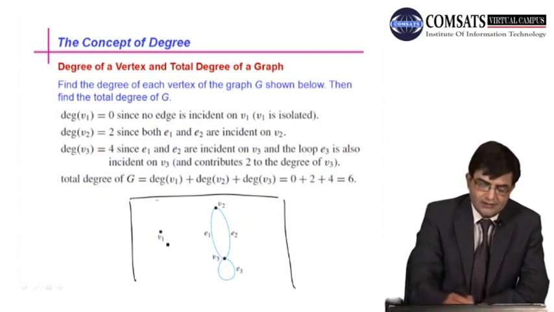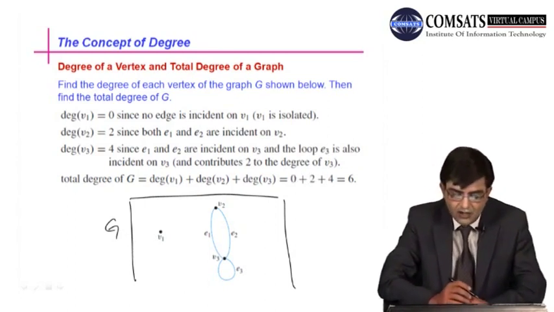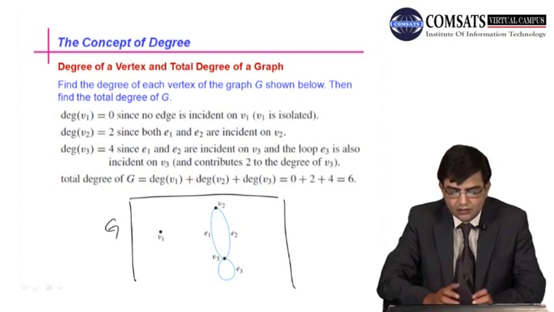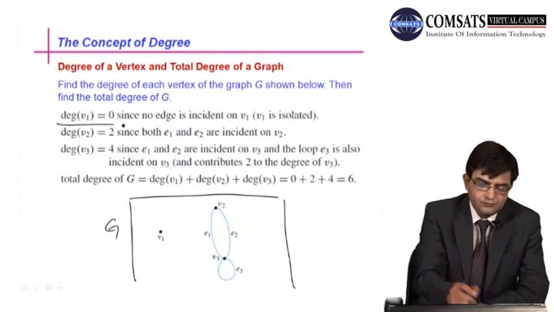We have this graph G. We have 3 vertices and 3 edges in this graph. So we shall calculate the degree of all the vertices. Degree of v1 is 0, because v1 is isolated and isolated vertices have degree 0.